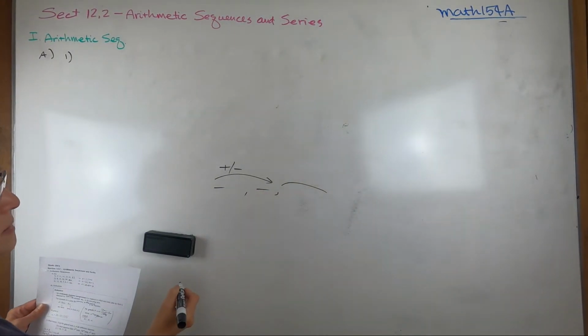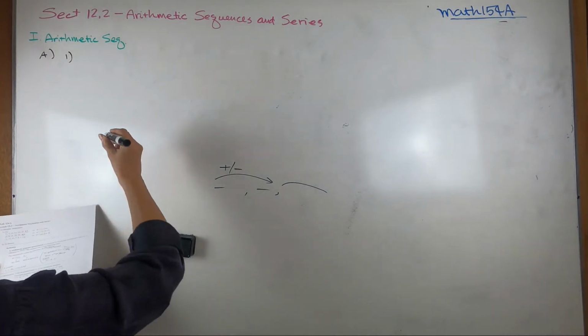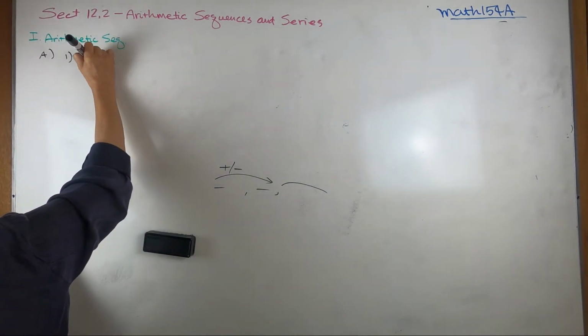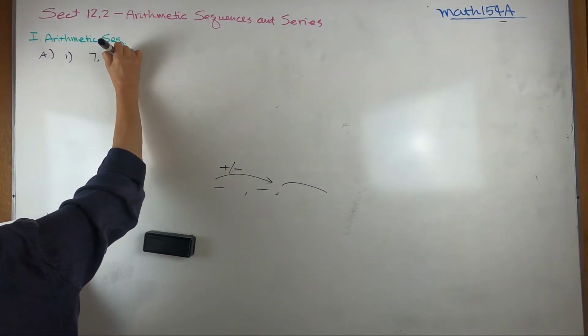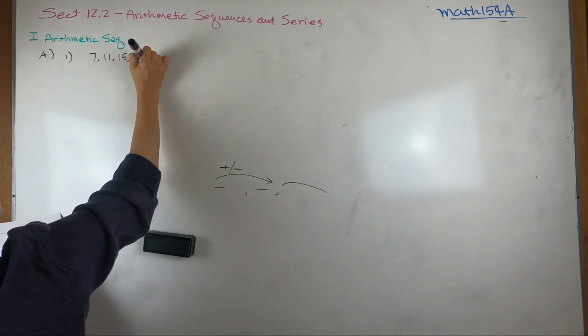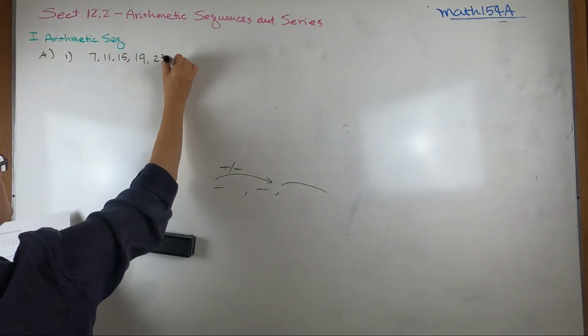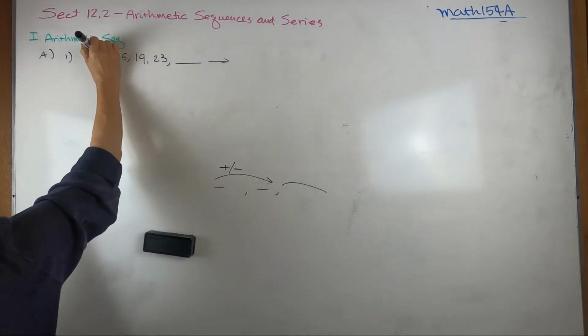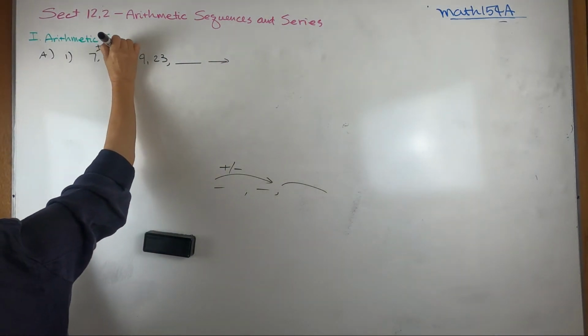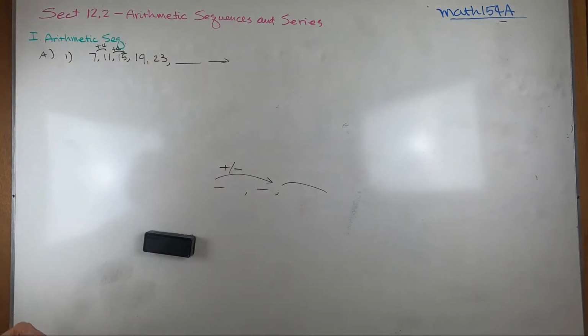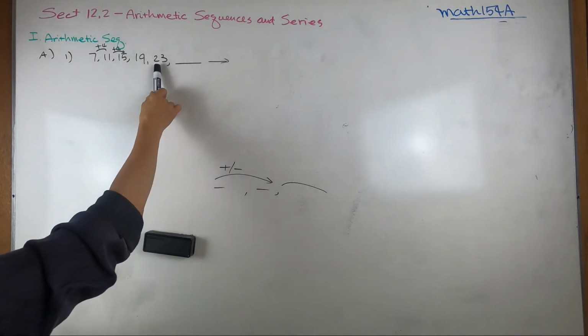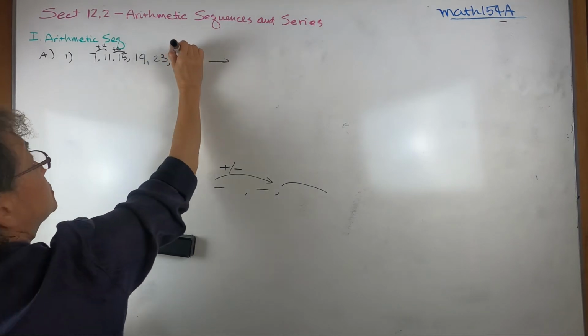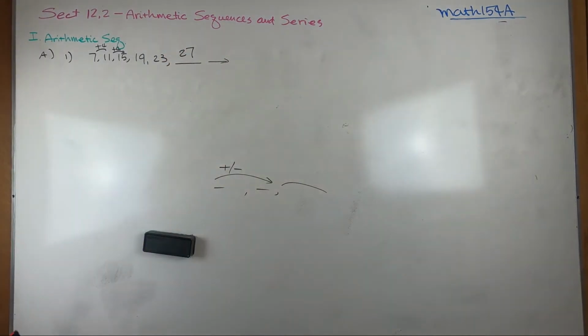So let's see. If we have 7, 11, 15, 19, 23, what do you think the next number will be? Because it's by what? Adding 4, right? So you'll expect the next number to be 27.